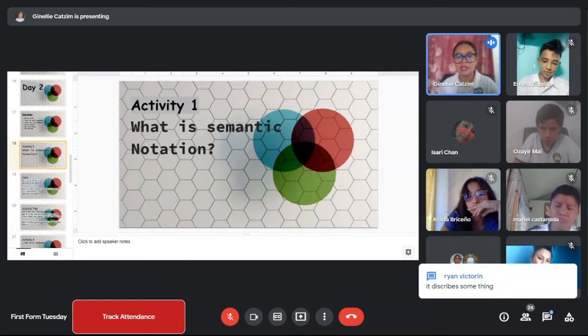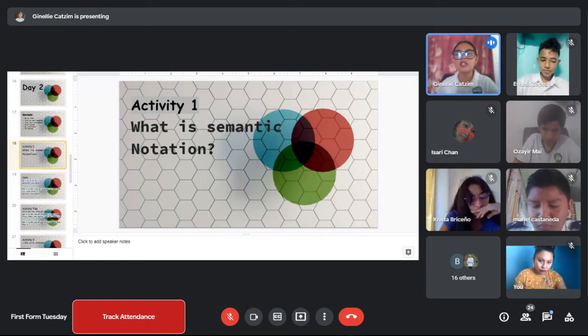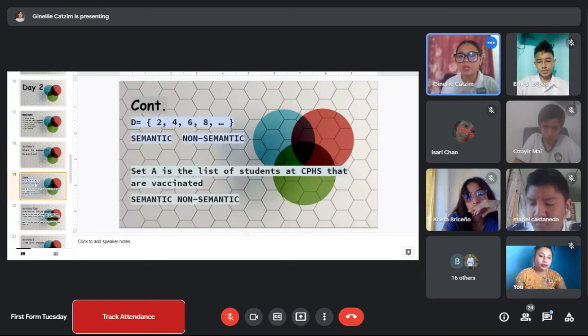Remember, a description of the set. A concise description of what the set is about or what the elements will be about, right? Ryan says it describes something, very good. So semantic notation is just a descriptive statement that describes a set, right? That is what we covered yesterday.